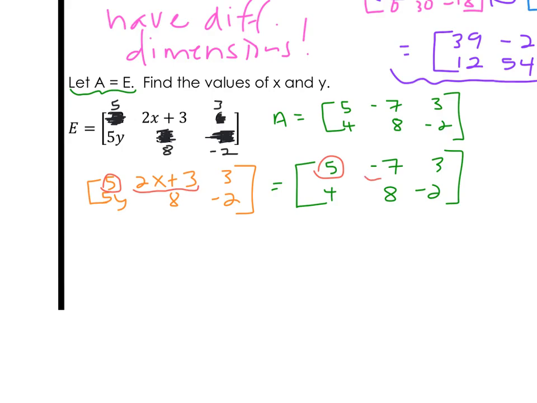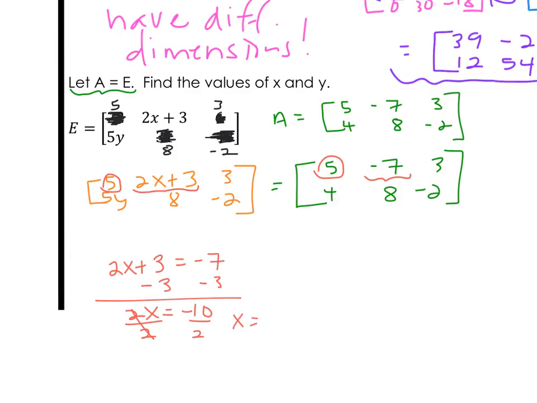Now that element, 2x plus 3, has to be equal to negative 7. And we can use this information to solve for x. Now it's just algebra. Move the 3 over, and we get 2x is equal to negative 10. Last but not least, divide both sides by 2, and x would equal negative 5.